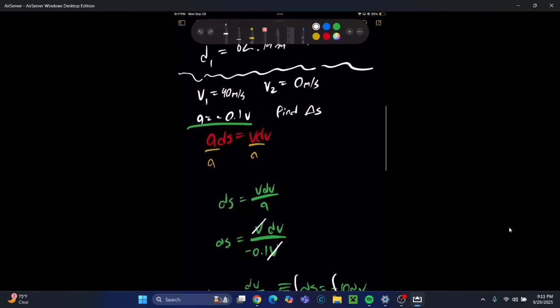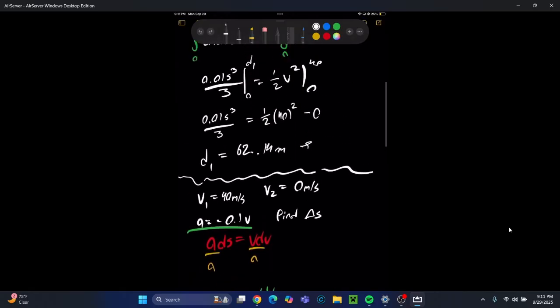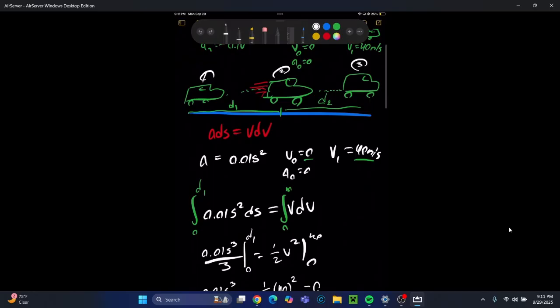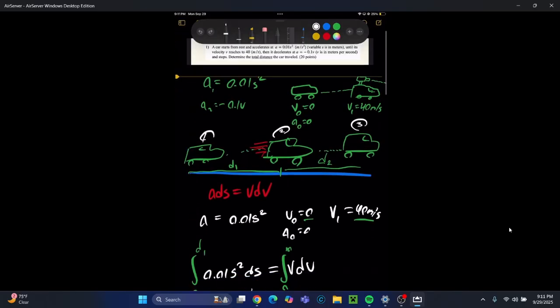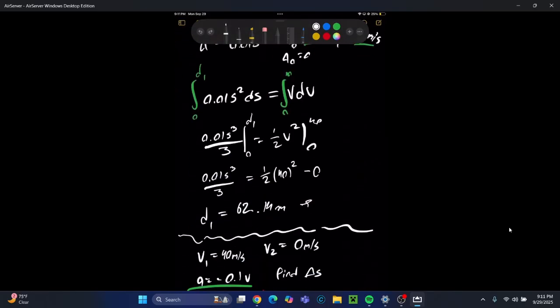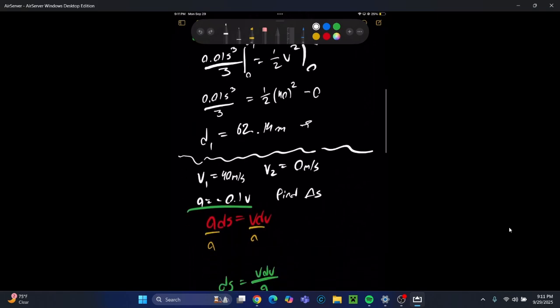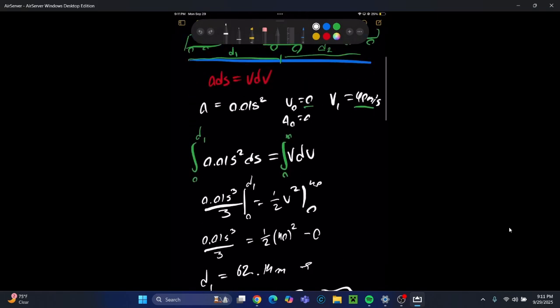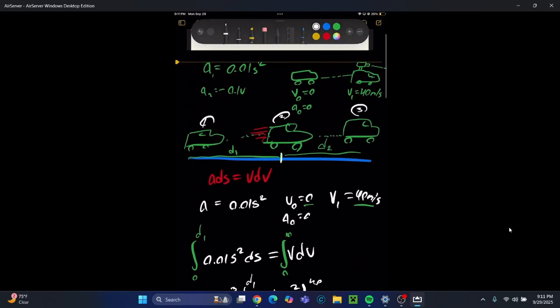So that's how we found our state 2 distance we traveled, and then we're decelerating. So we're taking our values into this state right here, since we've already traveled a bit and we're still moving.